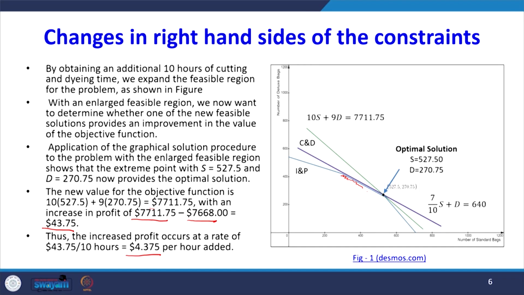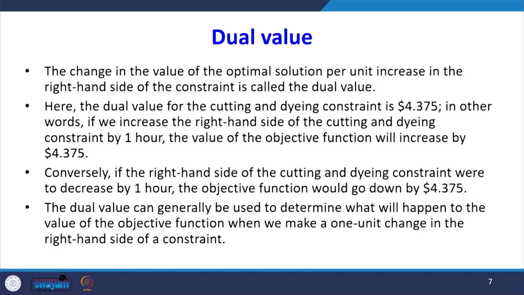So what has happened now? By adding 1 unit of additional resource on the right hand side of the constraint, the increase in our objective function value is 4.375. This 4.375 is nothing but our dual value. The change in the value of the optimal solution per unit increase in the right hand side of the constraint is called the dual value.